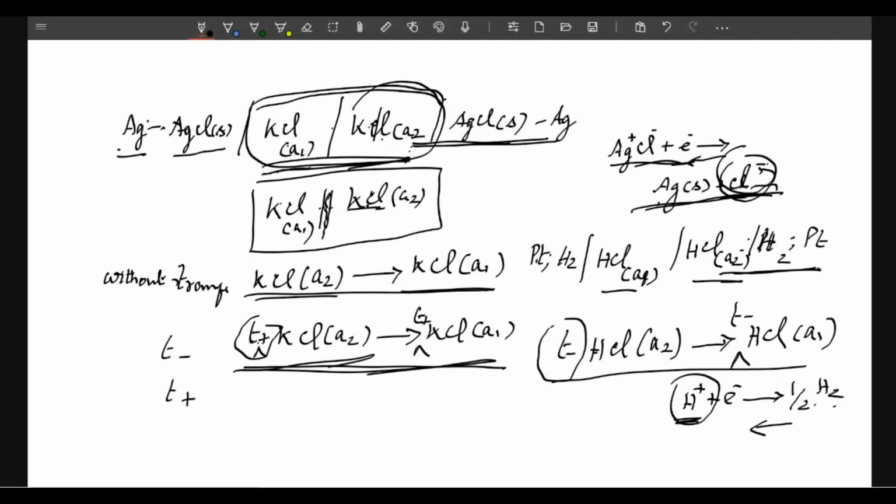After seeing some problems in these two, we will go for the application using a potentiometer. Tomorrow I will finish this electrode potential or electrochemical cell, and in the remaining two classes, I will finish the electrolytic cell.